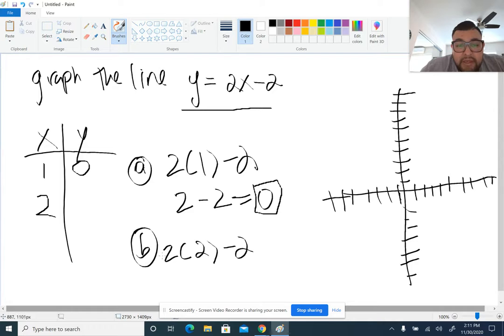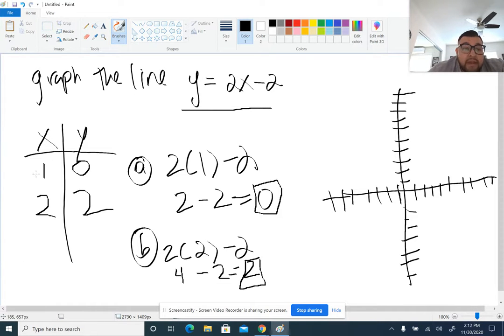Now, if we look at B, I'm going to evaluate this expression right here. So 2 times 2 is 4, and then minus 2, and 4 minus 2 is 2. So my y value is 2 when x equals 2.